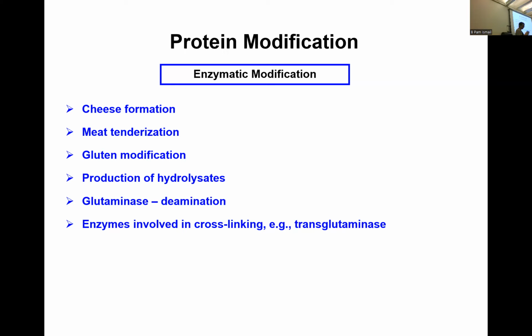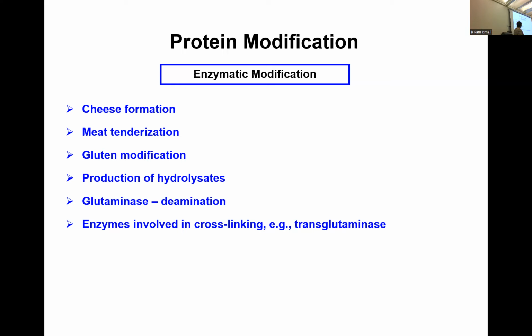You break down gluten into smaller molecules to make it less elastic if we're working with very strong or hard wheat flour. Production of hydrolysates means we're producing ingredients that are hydrolyzed, like whey protein hydrolysate, soy protein hydrolysate, pea protein hydrolysate, with the hope of enhanced functionality.